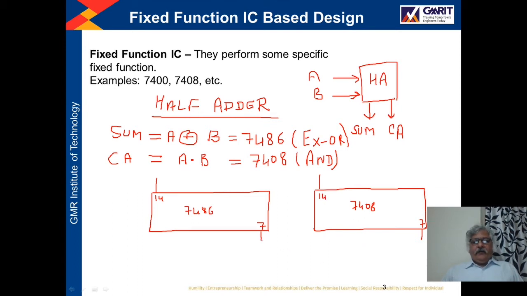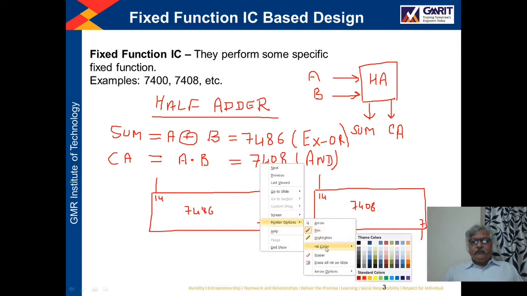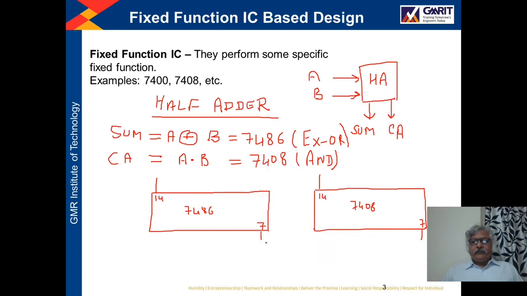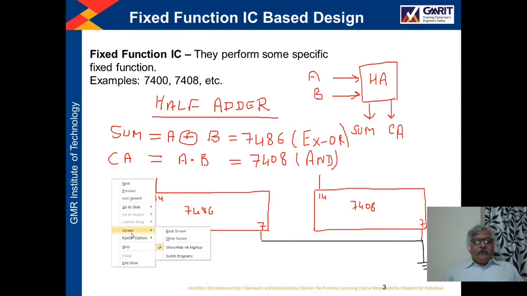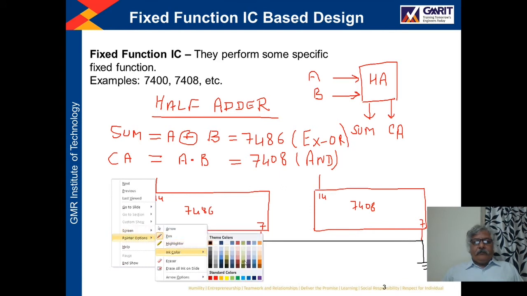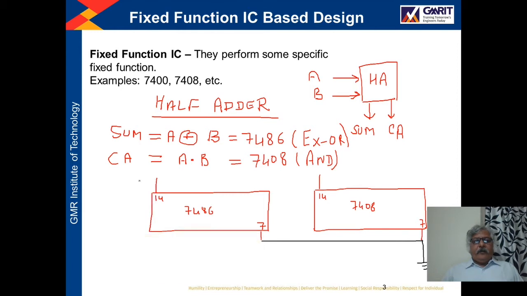So what will be done? Pin number 7 of both the ICs are joined together and connected to ground, and pin number 14 of both the ICs are joined together and connected to plus 5 volt DC, right?